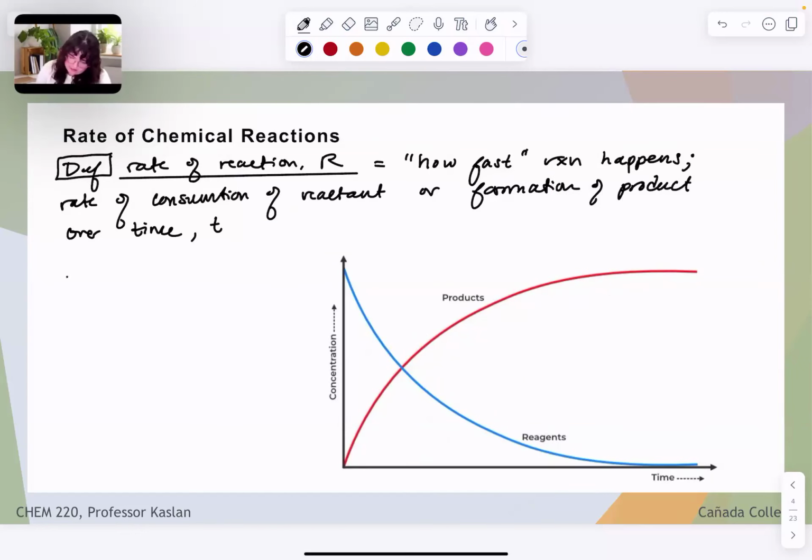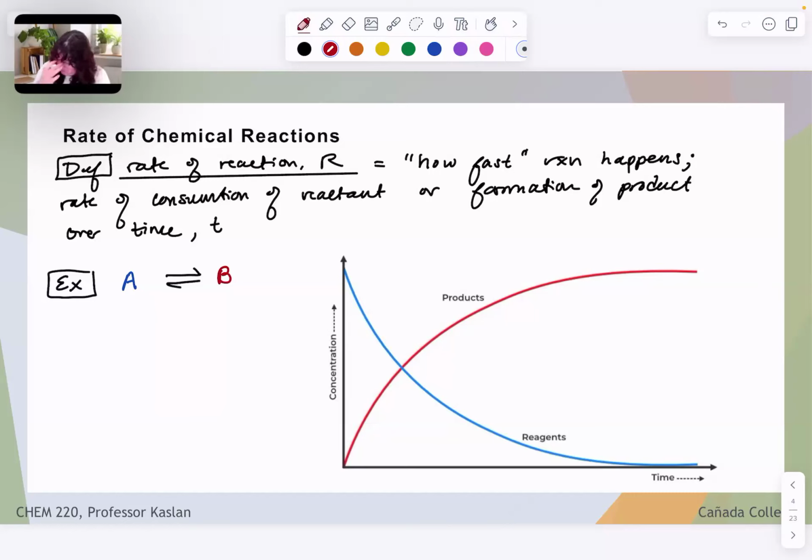So let's look at an example here. Let's say that I've got A that is reacting to form B.